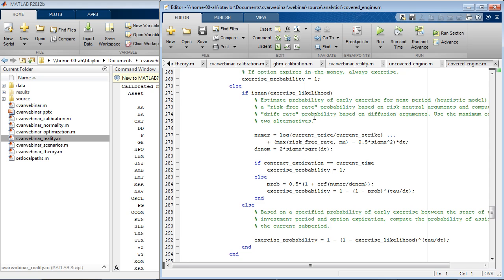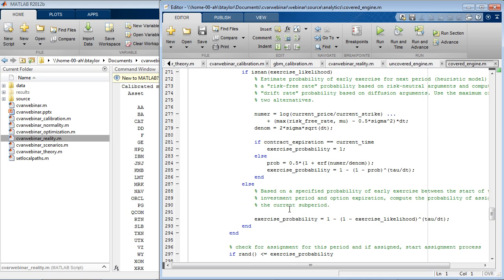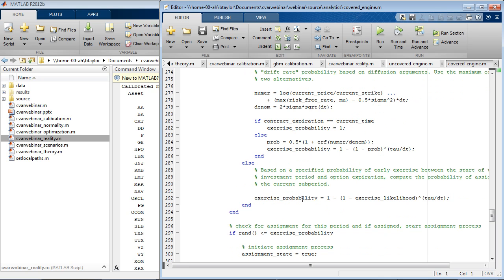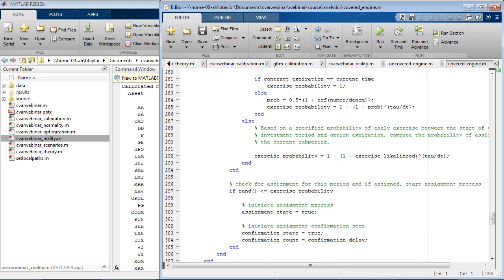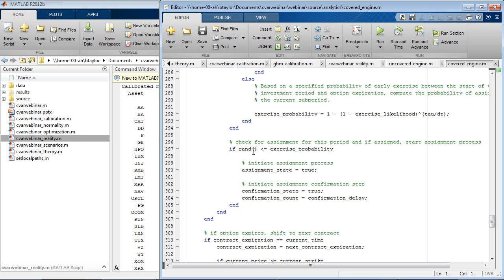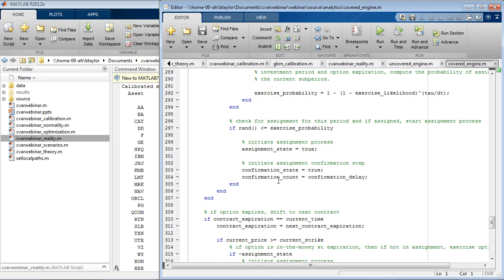One is a heuristic model based on moneyness, which is this part, and the other is basically an explicit probability that you just use as an input, and it figures out what the exercise probability would be during the particular period. Then it generates a random number to see whether or not that early exercise occurs, and if it does, you're back in assignment.